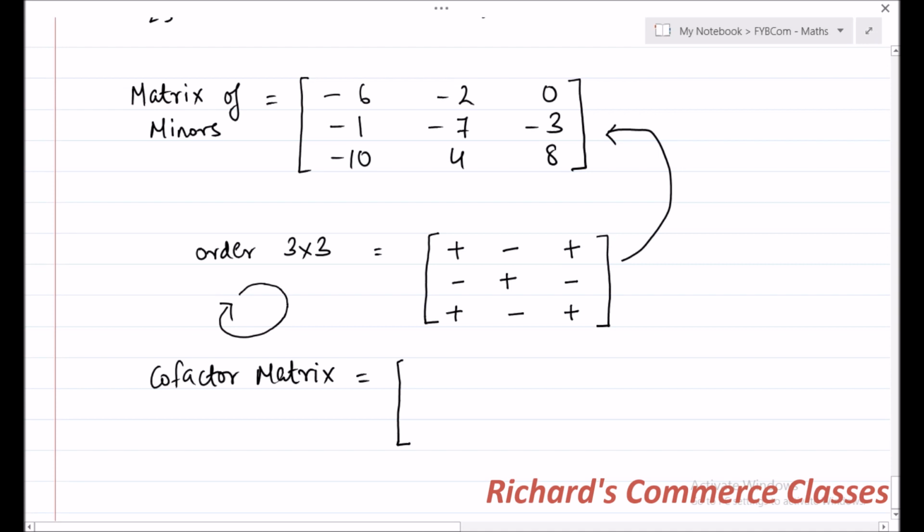To make it a little easier to understand, the signs that we need to apply, I will write it in a different ink on the matrix of minors. So starting from the first, will be plus, minus, plus, minus, plus, minus, plus, minus, and plus.